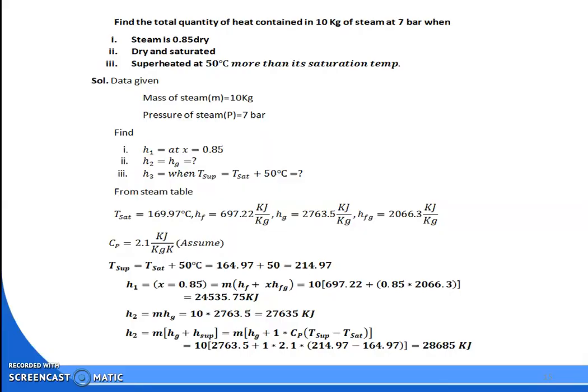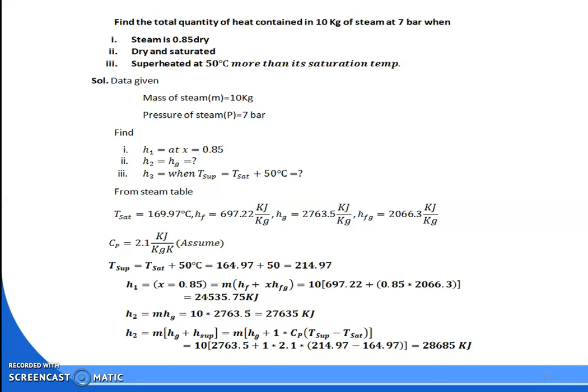In this way, we can solve so many problems, and we can find out the total enthalpy of any type of wet steam, dry saturated steam or superheated steam. So these are all about the numerical problems based on steam.